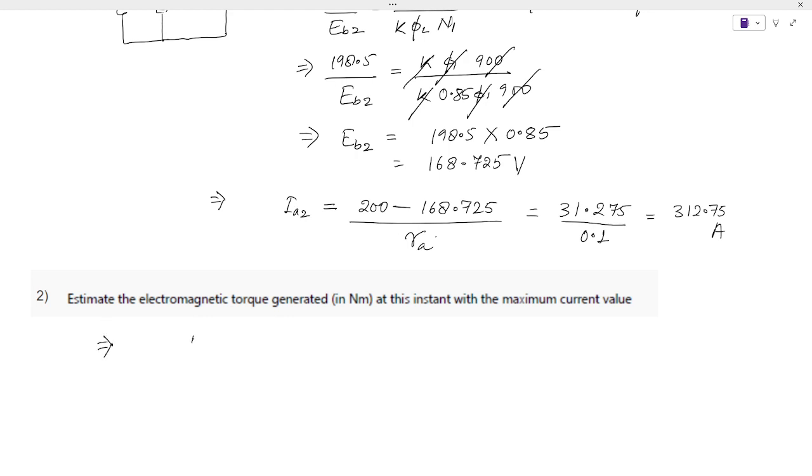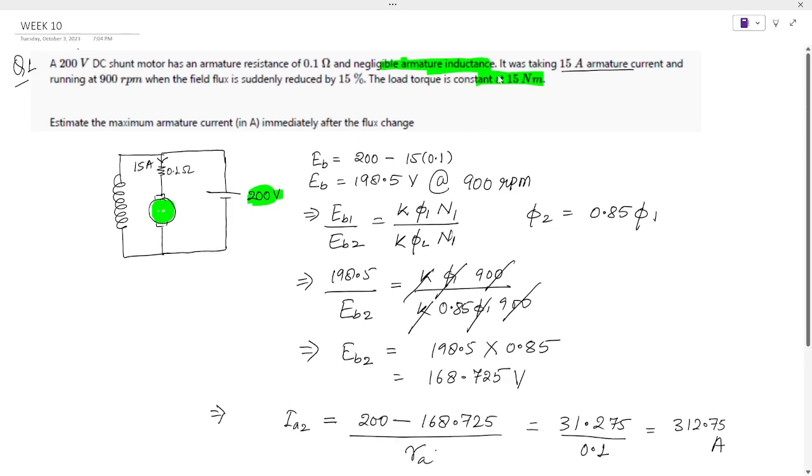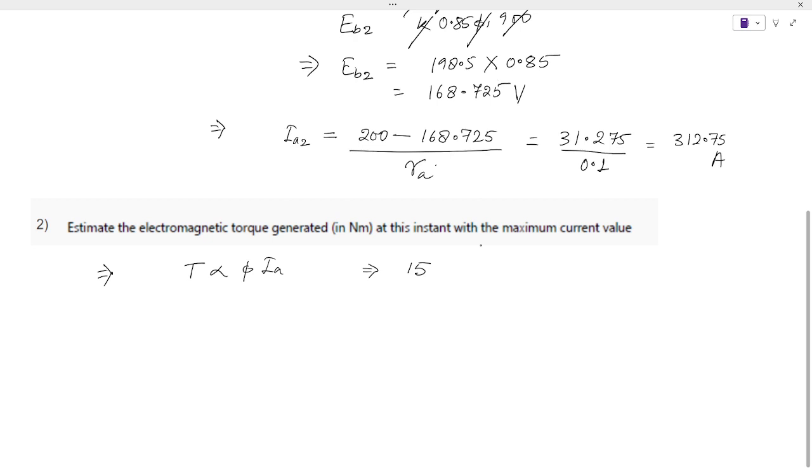Torque is proportional to phi Ia. Initial torque is 15; they have given in the question that the load torque is 15 Newton meter. So 15 by T2, let me call it, is phi 1 Ia1 upon phi 2 Ia2.